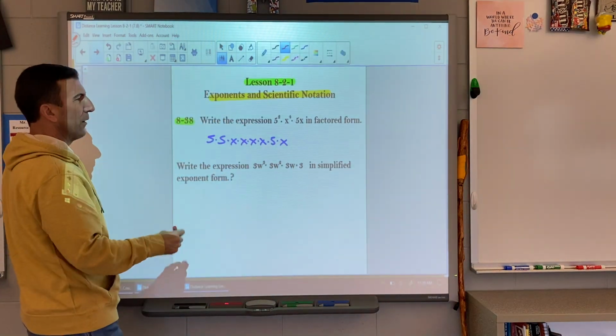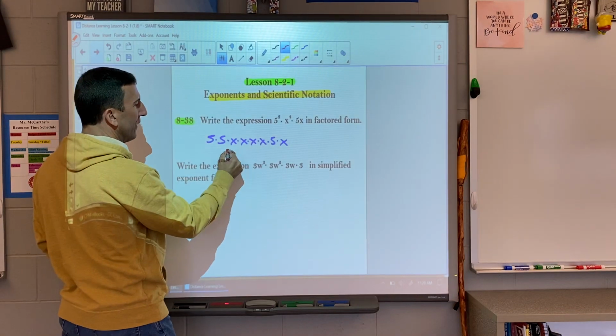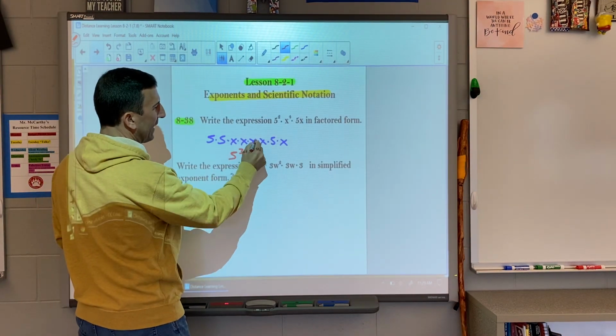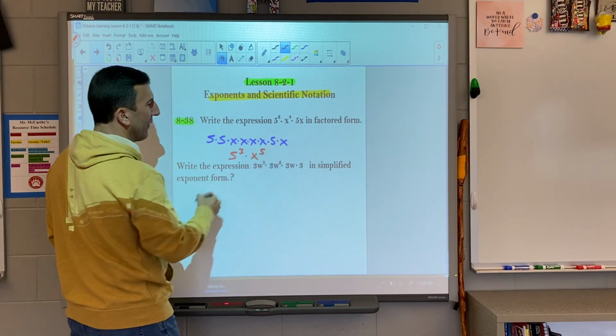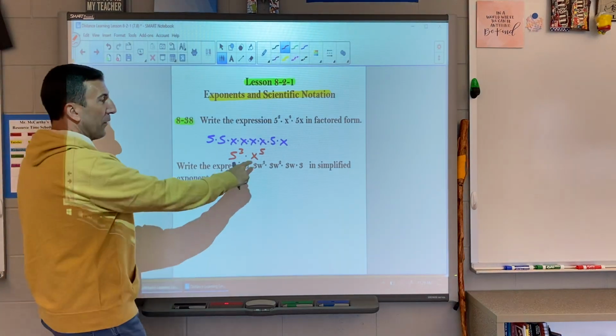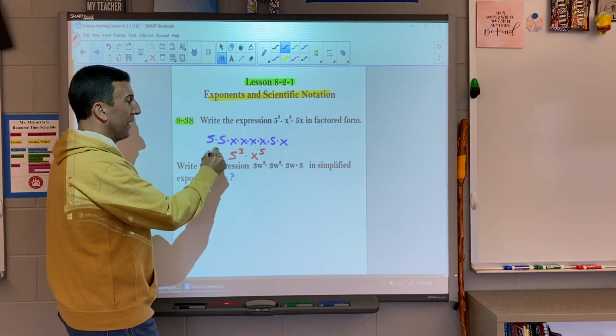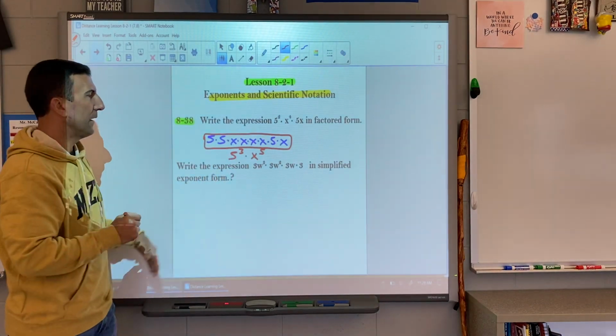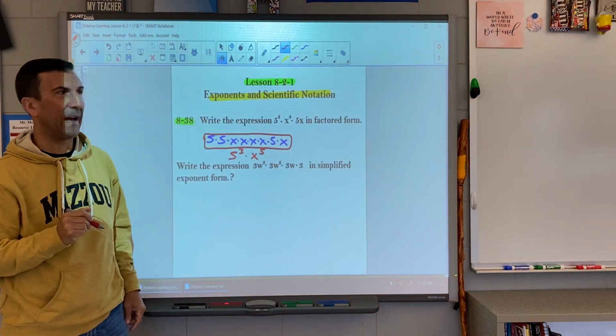Then from here, how many 5s did I have? 3 of them. And how many x's did I have? 5 of them. But they want it in factored form, so this is not in factored form. This is what they were looking for, factored out. If we simplified it, we would go down to that form.